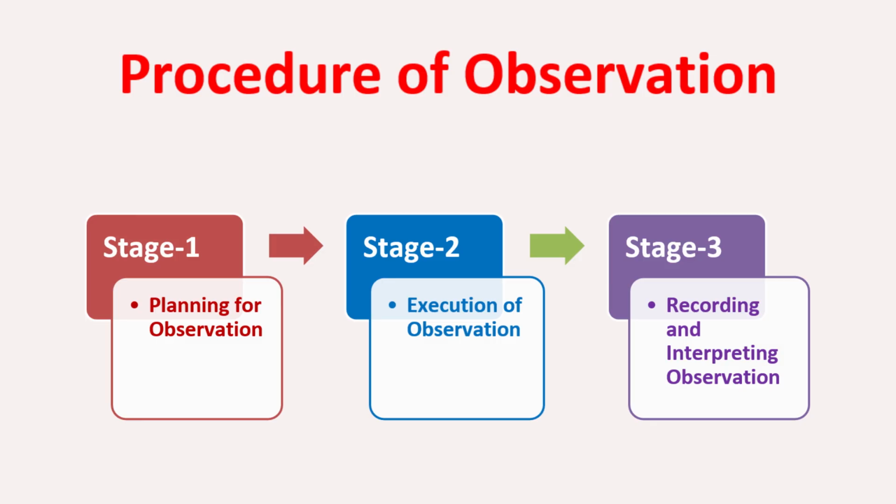The observer will record either manually or by using a camera recorder. Okay. So the things going on in the situation will be recorded. So this is the 3 stage procedure for conducting an observation.